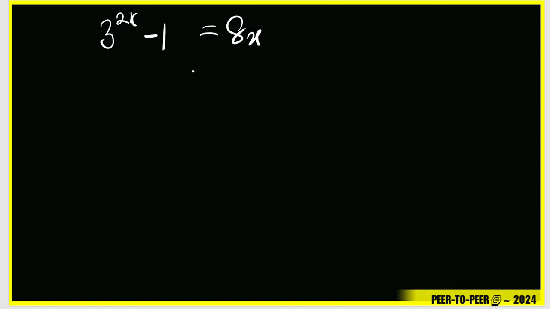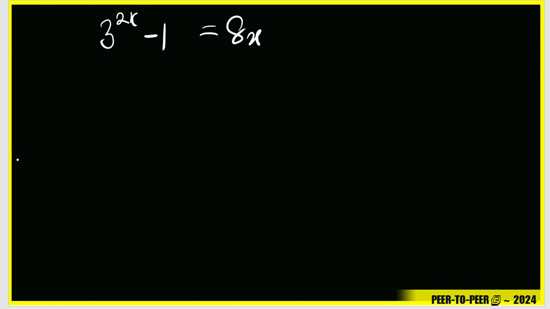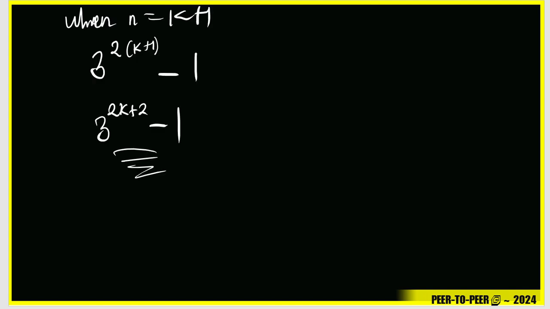So this is the hypothesis. Our idea is to arrive at something which is divisible by what? 8. So that is what we are bearing in mind as we go on. As we are manipulating this expression, our focus is to arrive at this expression.